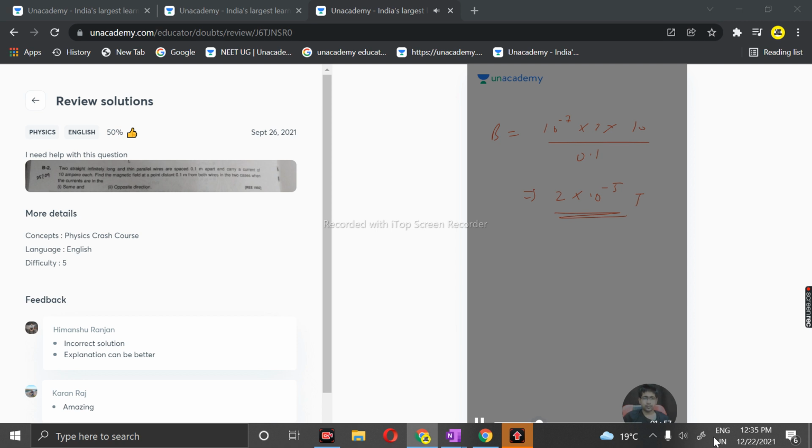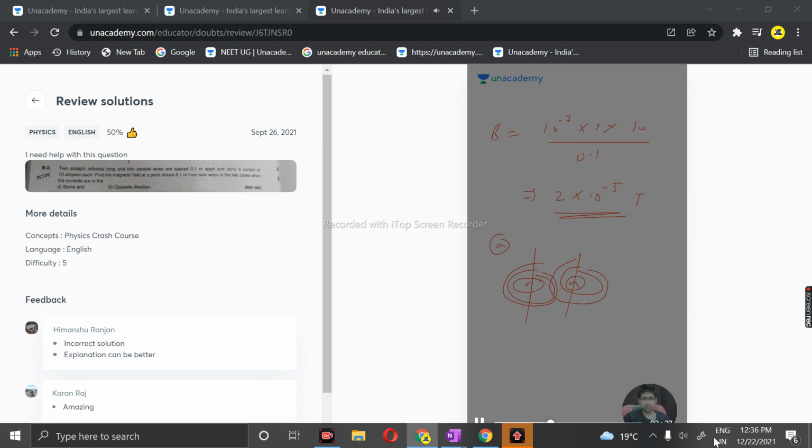Now in the very first case, when the current is in the same direction, this is case number 1. As the magnetic lines of force of a current carrying wire are concentric, the field lines are something like this.